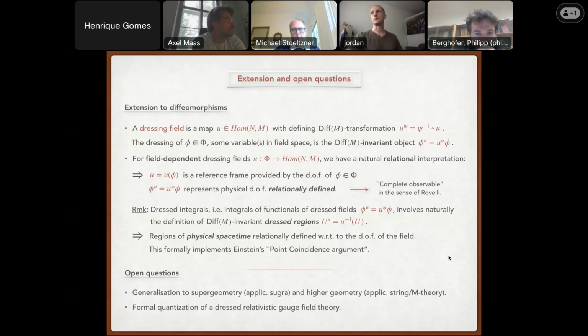And it's after the rejoinder, the point coincidence argument, that Einstein realized that this is still physically meaningful, because you don't have access to the underlying manifold M, to the point, but what you do have access to is the relative field configuration.